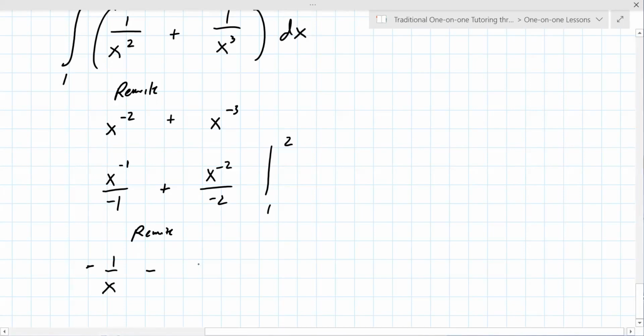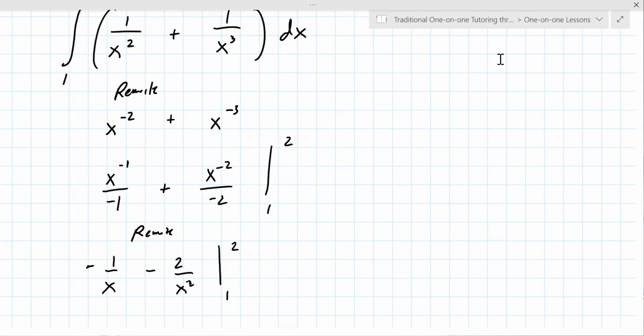You're going to be uncomfortable doing that when you evaluate it, it's going to be frustrating. So this -2 is here, and then x to the -2 comes down here, and you evaluate that from 1 to 2. So you just flipped the -1 over x. Okay.